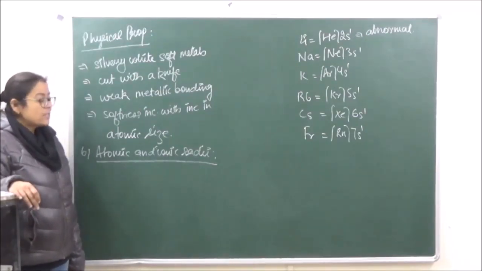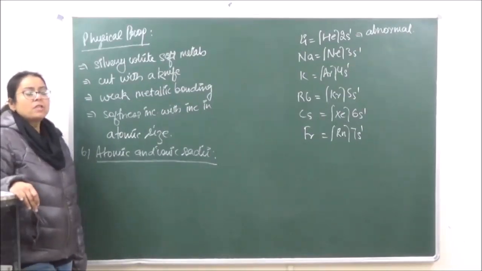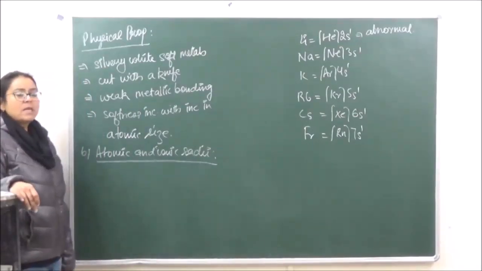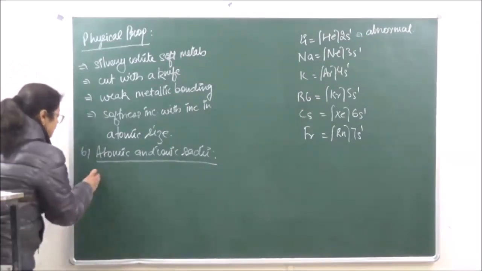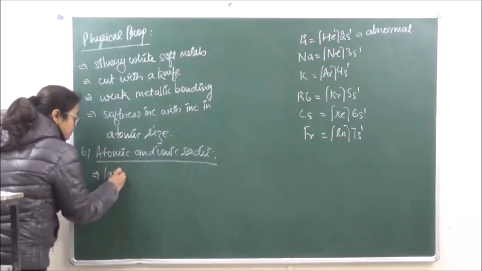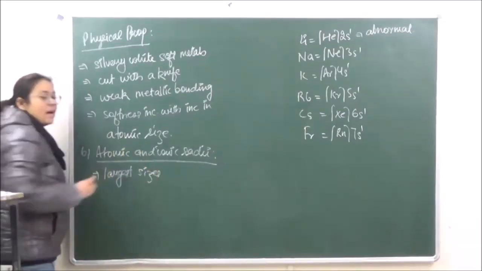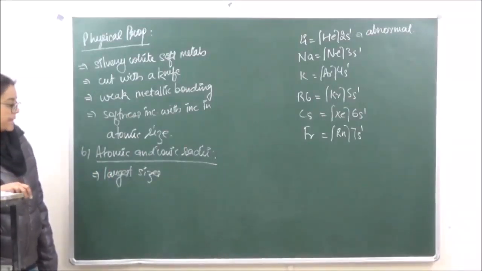Because you know that as we travel along the period, as we've done in chapter 3, the nuclear charge keeps on increasing and hence the size keeps on decreasing. So when we are moving along the period, the size keeps on decreasing. Therefore, they have the largest sizes in the periodic table. And this large size is due to less nuclear charge.